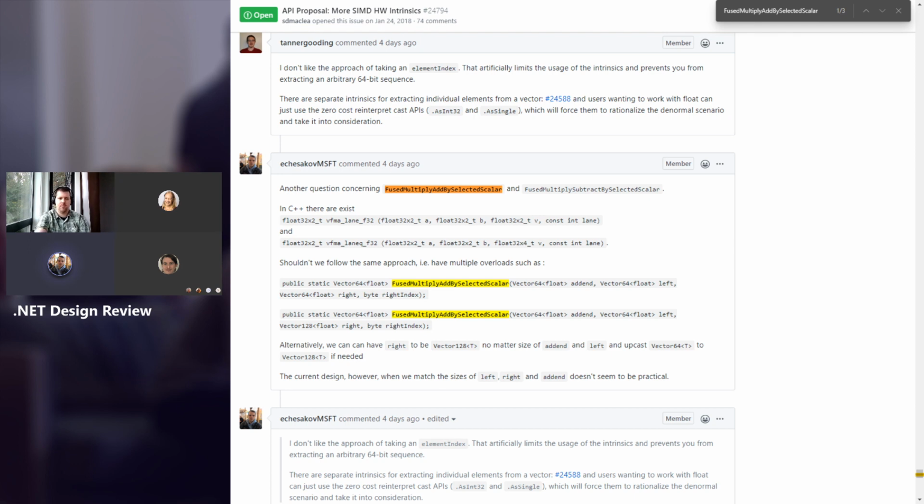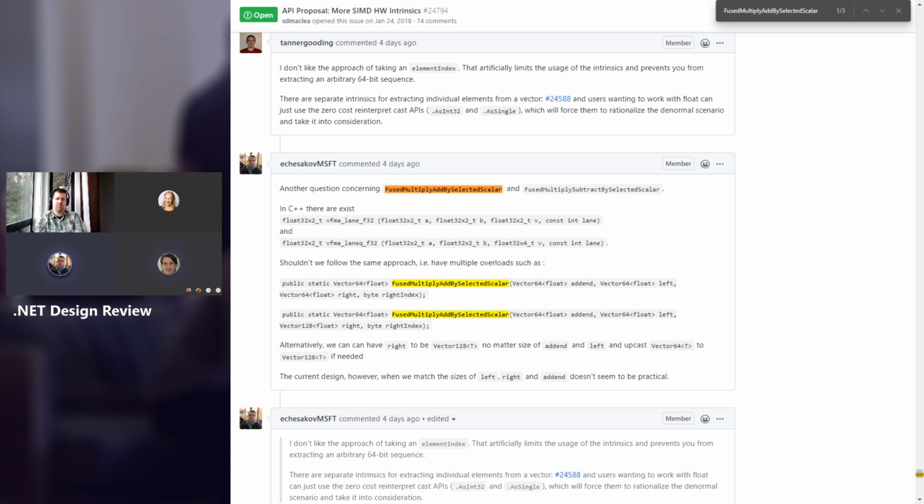And the reason why, as Tamar suggested, is that they don't have an easy way to go between vector 128 and vector 64. In our case, we can downcast from vector 128. So instead of exploding all these overloads, we can just have fused multiply add by selected scalar, where right is always vector 128. And in case we got 64, we can upcast it to vector 128.